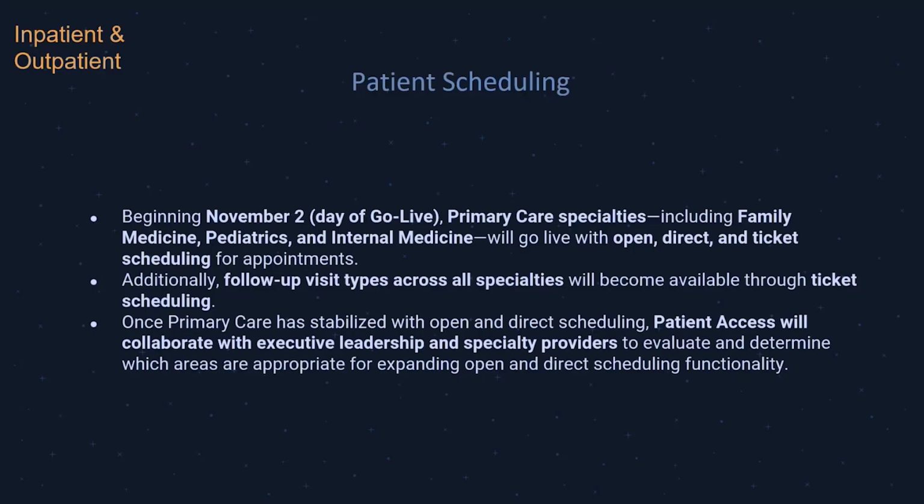Directly scheduling, or the direct scheduling itself, is if the patient does have a previous relationship with the provider, they can search based on that provider and select times from them. And then ticket scheduling, which is if they have, for example, a referral, they can go in based on that referral and then schedule themselves an appointment.